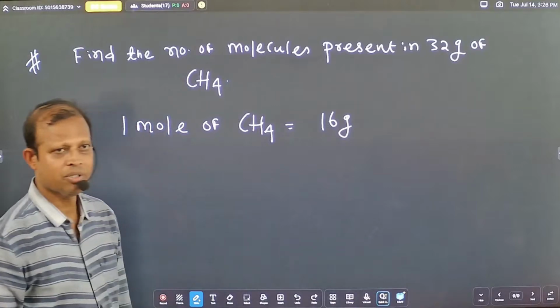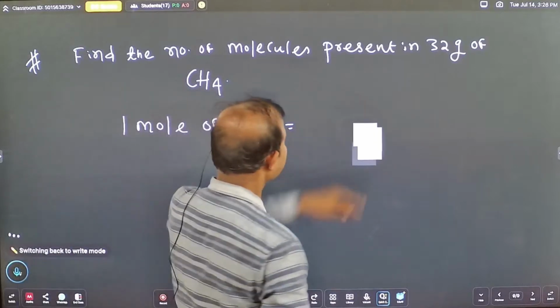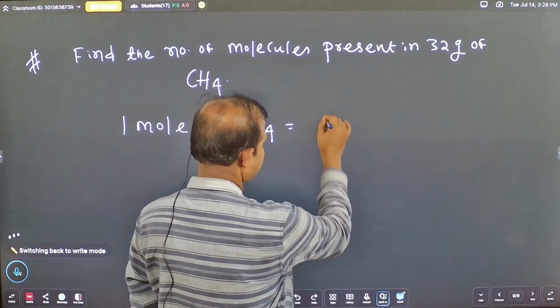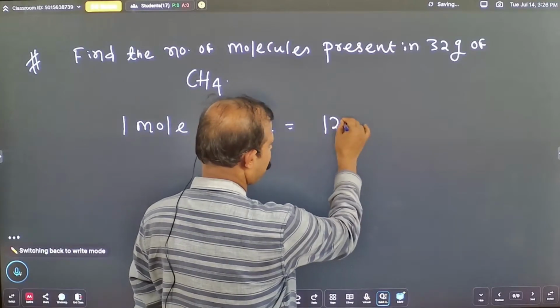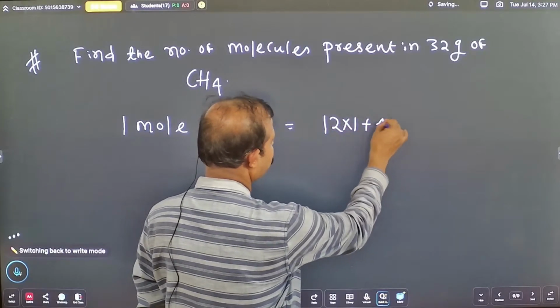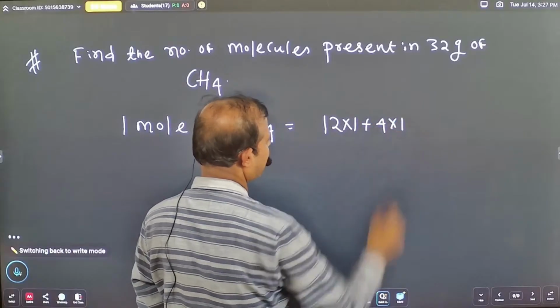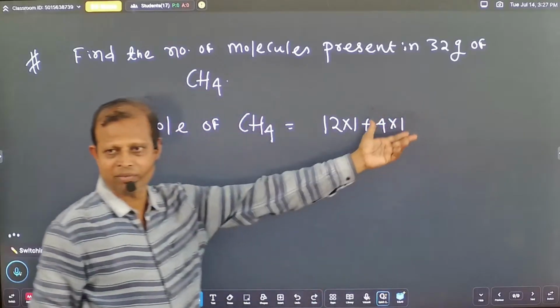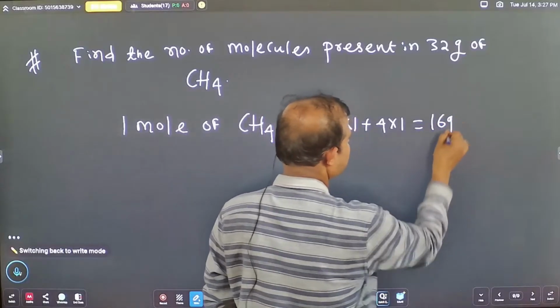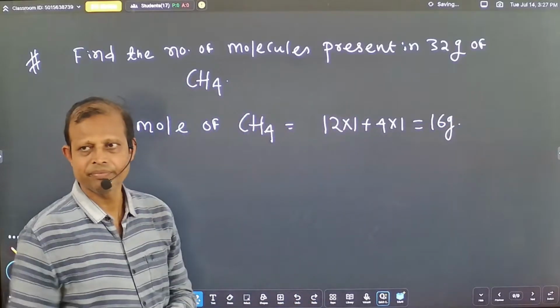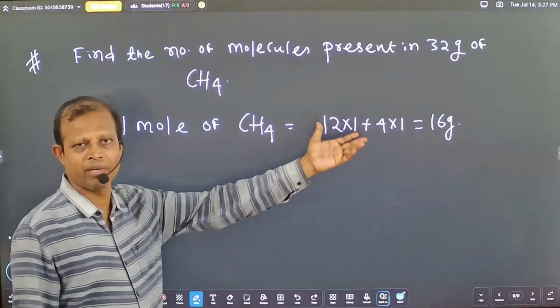So how 16? Carbon atomic mass is 12. 12 into 1 plus 4 into 1, because the atomic mass of hydrogen is 1 and there are 4 atoms. So it becomes 16 gram. So this is also the molecular mass.